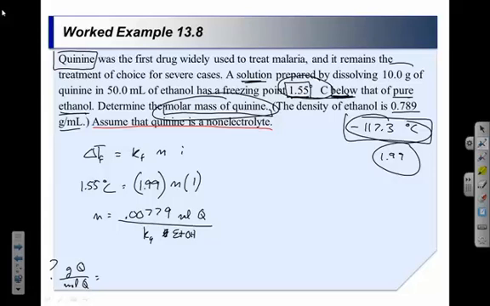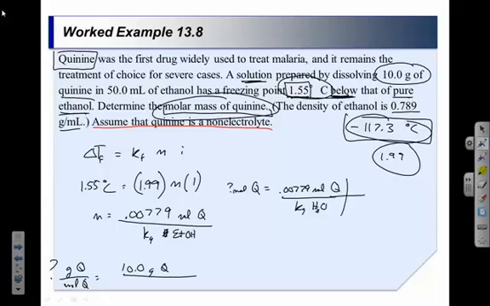It tells me I'm putting 10 grams of quinine in here, so I can put that in for my grams. I need the moles of quinine in this sample. So how many moles of quinine do I have? Well, I have 0.00779 moles of quinine per kilogram of ethanol.